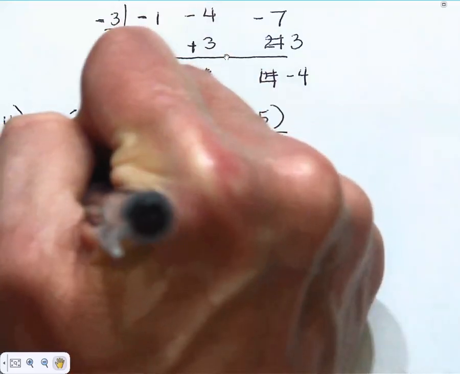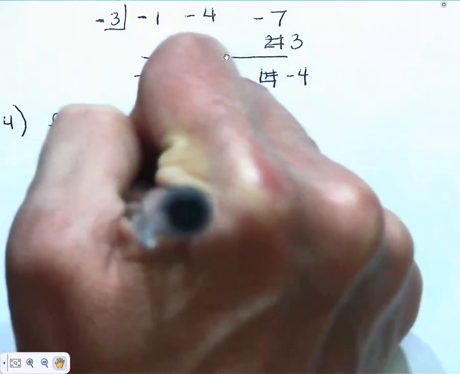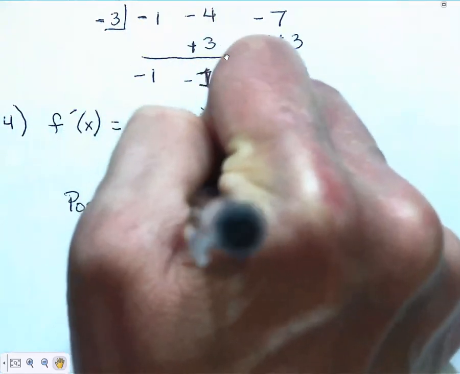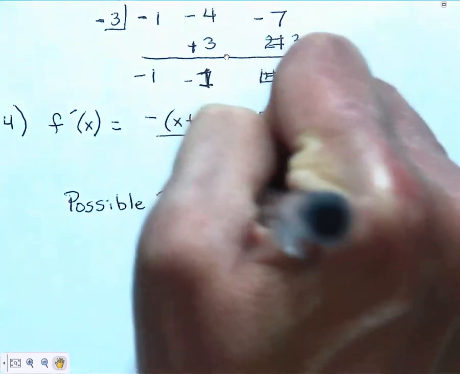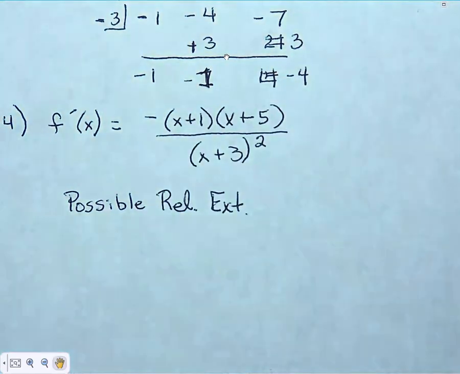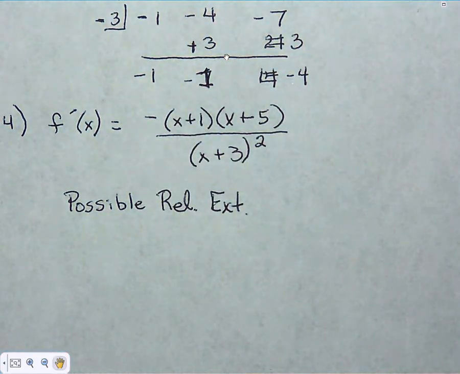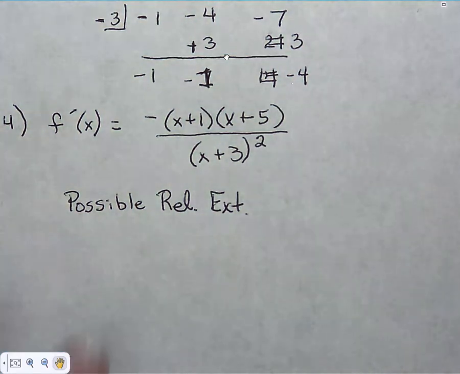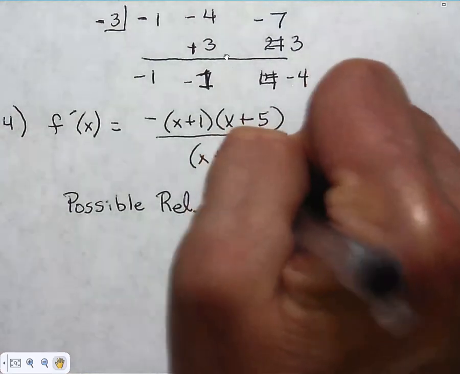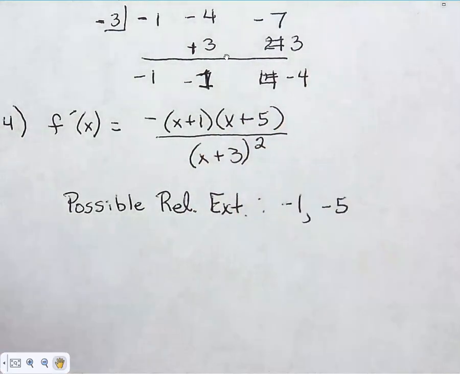Or I'm just going to go ahead and label them possible relative extrema. Where are my possible relative extrema? -1, -5, -3? No, because why? -3 is not in the domain of the original function. So my only 2 critical numbers, my only 2 possible relative extrema are -1 and -5.